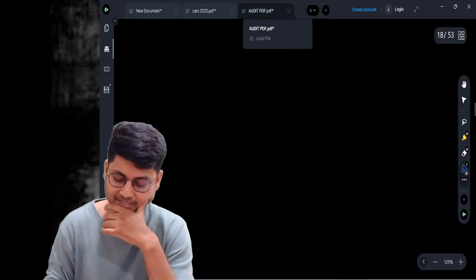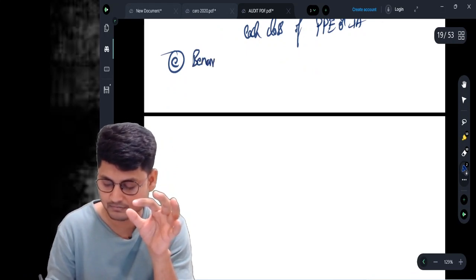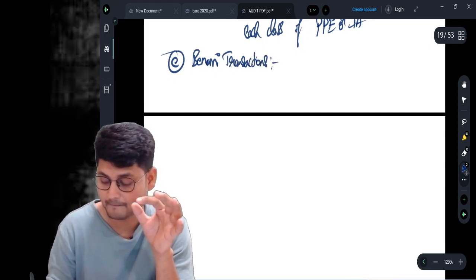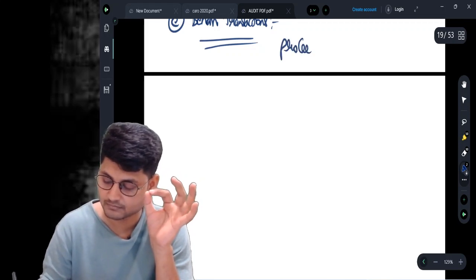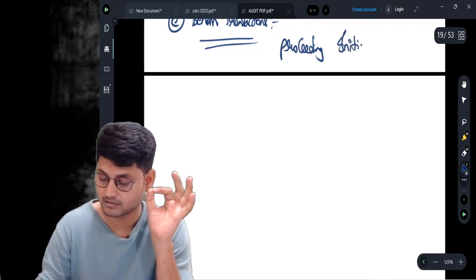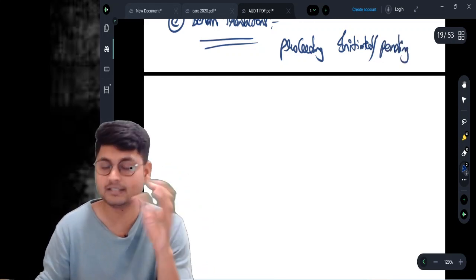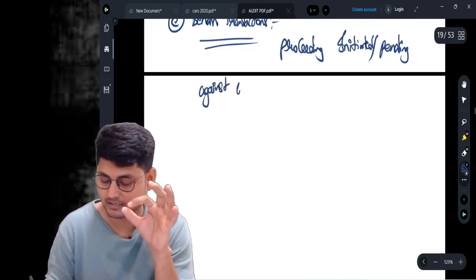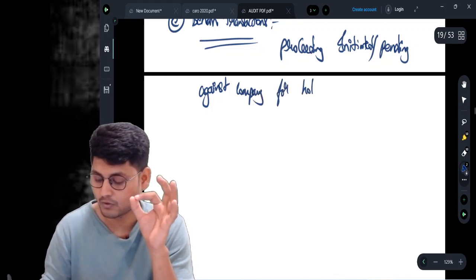Okay, now let me write here clause number E. Clause number E talks about benami transactions. If there is any proceeding initiated or already pending against the company for holding benami property.